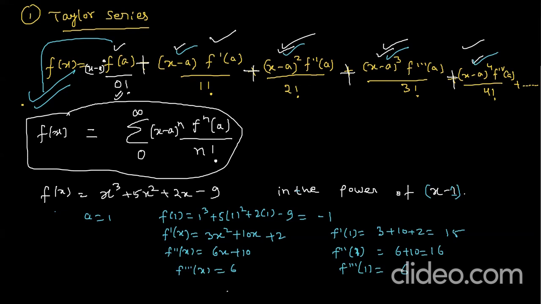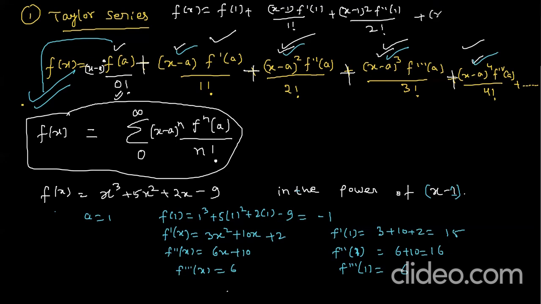Understood? Okay, so f of x is what? F of 1 plus x minus 1 f dash 1, by using this formula, plus x minus 1 whole square f double dash 1 upon 2 factorial, plus x minus 1 whole cube f triple dash 1 upon 3 factorial.